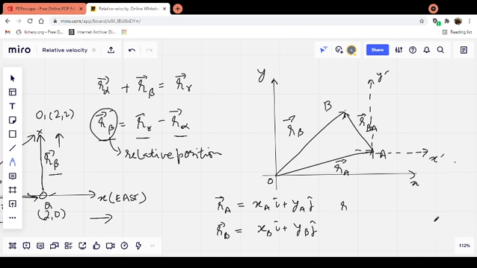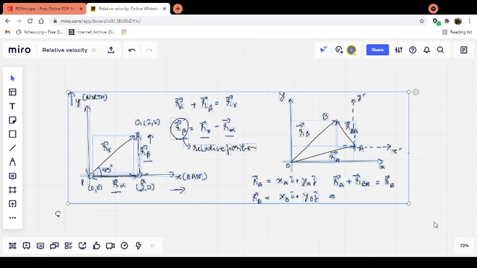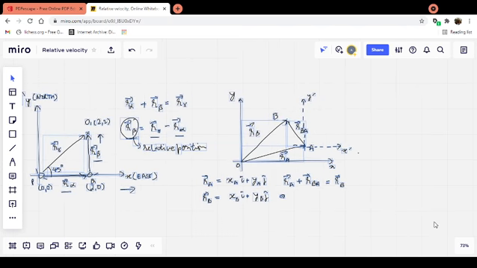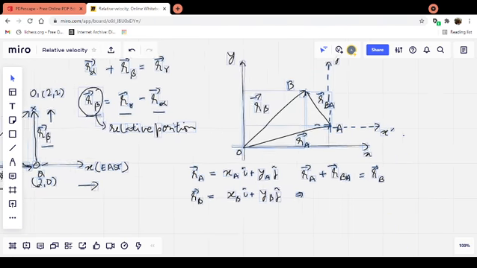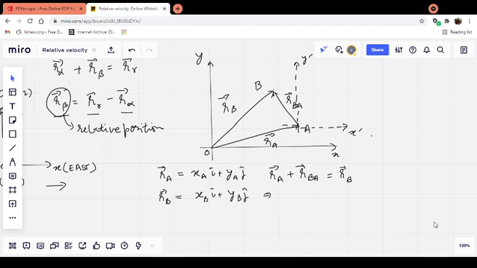So I would say that RA vector plus RBA vector is equal to RB vector, and this would give me RBA vector equal to RB vector minus RA vector.